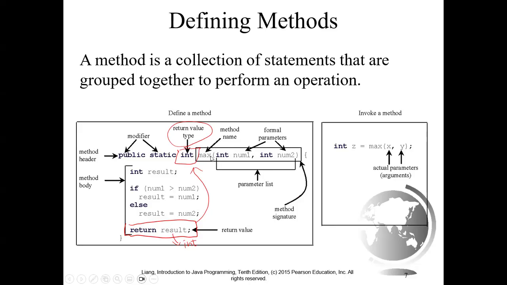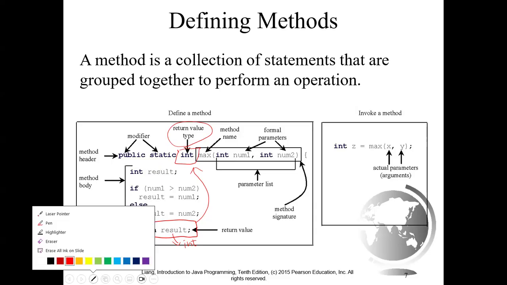And after max, we should have the parameter list. That is int number 1 and int number 2. Those are formal parameters. And when this method is executing, the actual parameters will take the place of the formal parameters. And we also say that the int number 1 and int number 2 are method signatures.